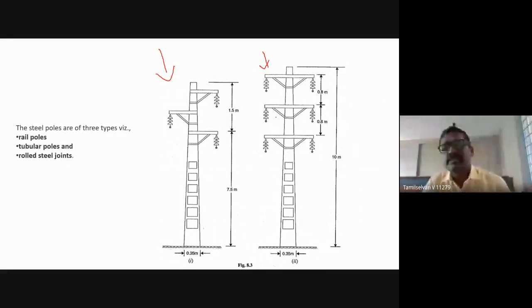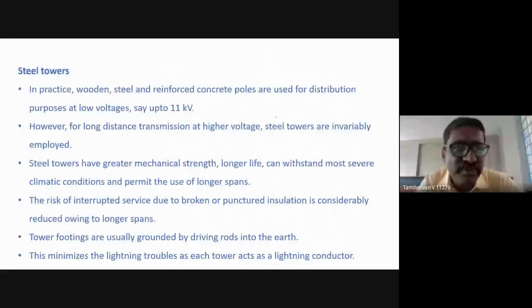The next type of electric pole structure is the steel tower. Normally these are for longer transmission distances with higher voltages. It means the voltage at the generation level will be 11 kilovolt, and it will be stepped up to often 110, 230 or 400 kilovolt.